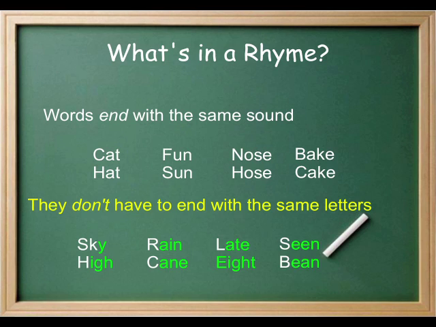They start with different sounds, end with the same sound. So even though they end with different letters, they can still be a rhyme. And here are some other examples: rain and cane, late and ate, and seen and been. These end with different letters, but they are a rhyme because they end with the same sound.